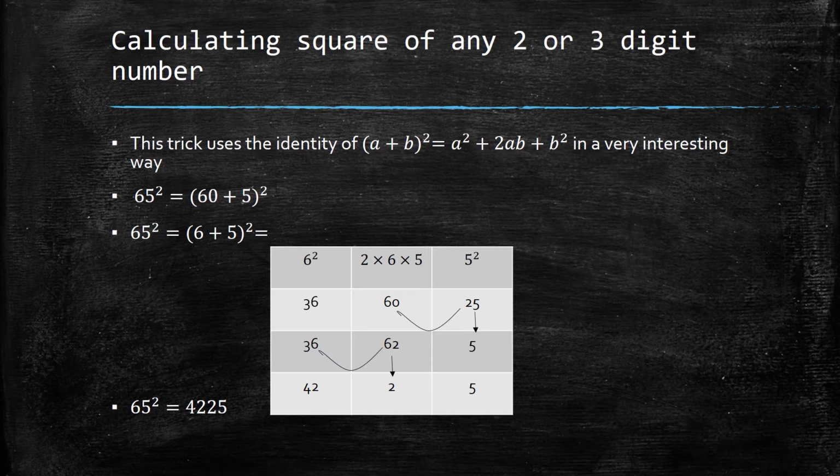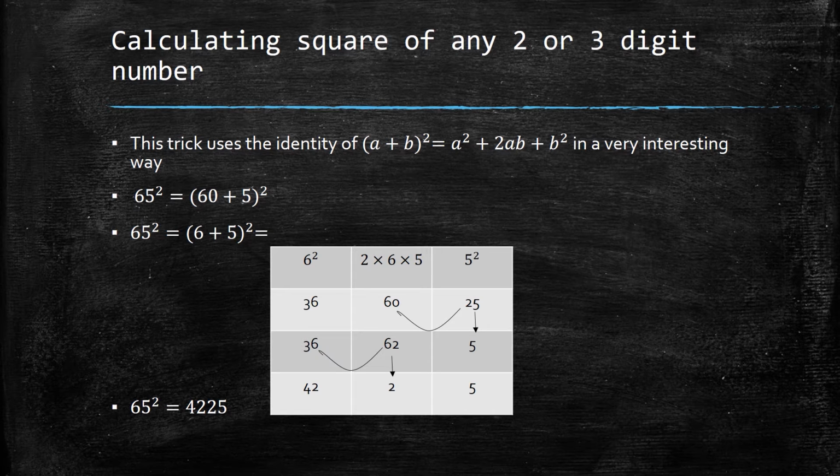Now, let us take a look at another trick with the help of which you can calculate square of any 2 or 3 digit number. This trick uses the identity (a plus b) square is equal to a square plus 2ab plus b square in a very unique way. Now normally you would write 65 square as (60 plus 5) square and use the identity.